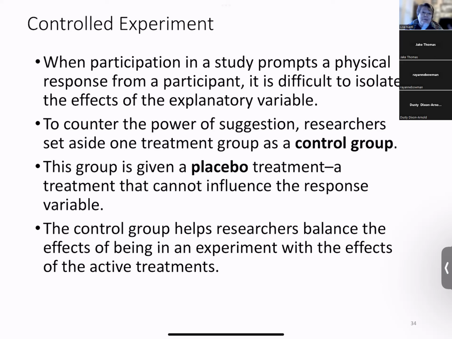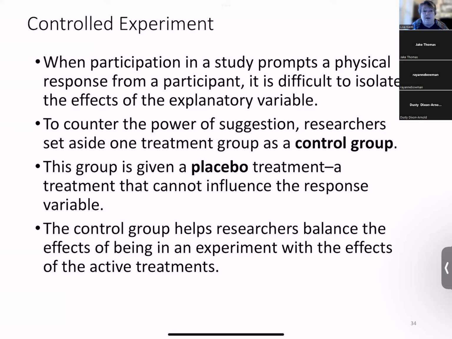Okay, so when we're talking about people and you're conducting an experiment, one of the things we do to counter the power of suggestion, and I know there's a new study out about the placebo effect that I need to read, because they're saying it's not as prevalent as researchers once thought it was, the placebo effect. But that's what we do, is we create a control group that we give a placebo to.